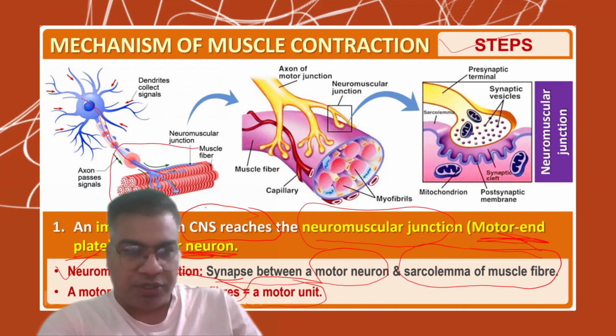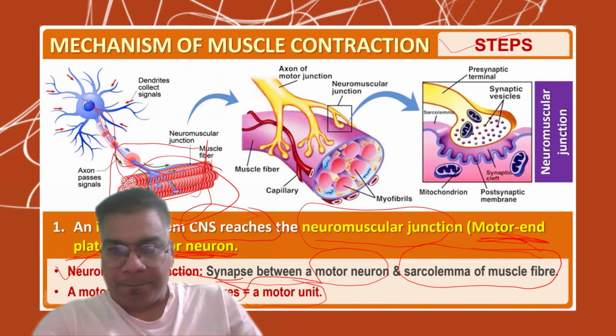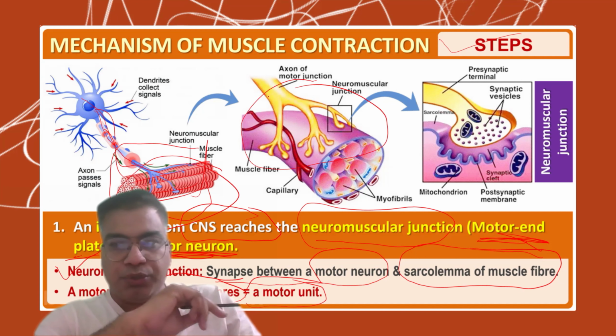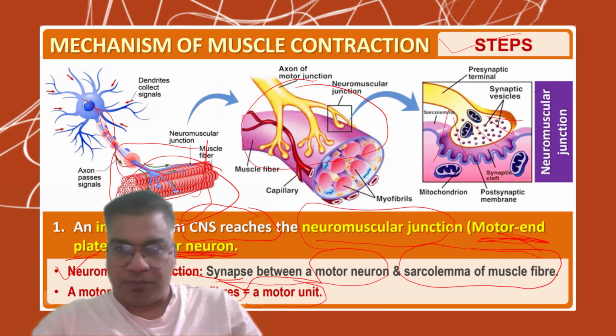This is a neuromuscular junction: nerve cells, muscle fibers, muscle cell, and this specific portion we are calling the neuromuscular junction. These are the various microscopic changes which we will study in the next slides.